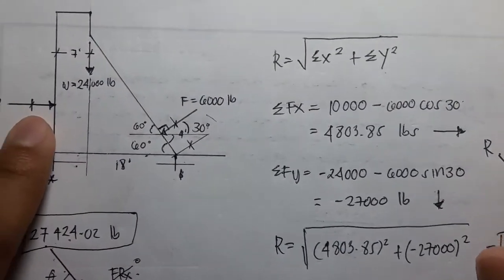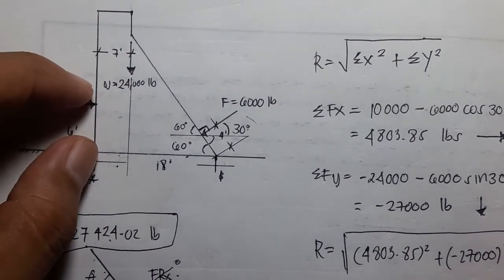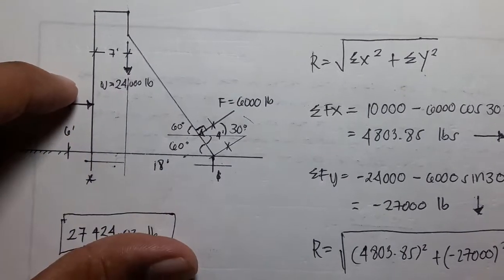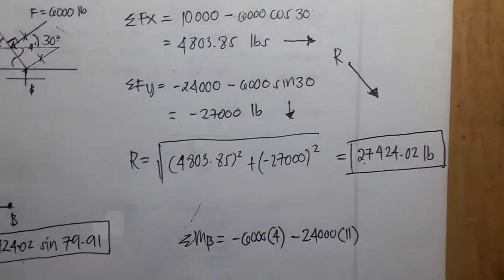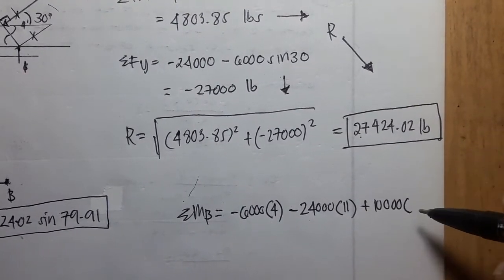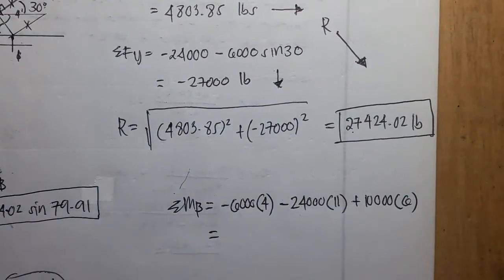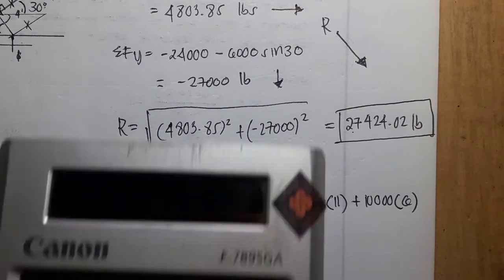Then we have 10,000 here and the moment arm of 6, so it is positive, plus 10,000 times 6. So our moment is 6,000 times 4 minus 24,000 times 11 plus 10,000 times 6.